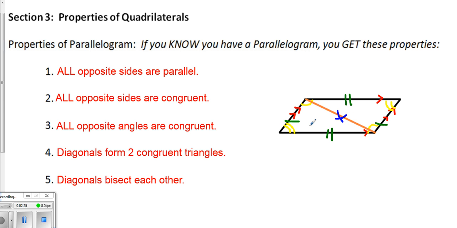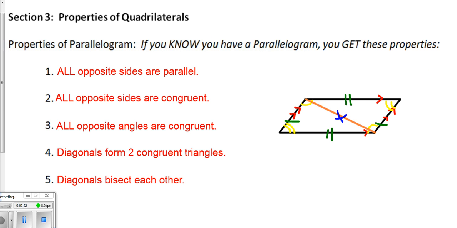So this triangle is congruent to this triangle. Either one of our diagonals will form two congruent triangles. So if we were to show you this thing as a parallelogram, and they had a diagonal drawn right here, you can say for sure this triangle is congruent to this triangle, because that's the property of a parallelogram. You know that for sure.